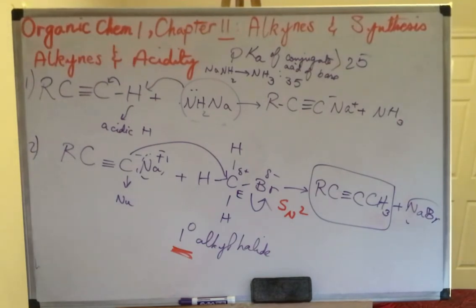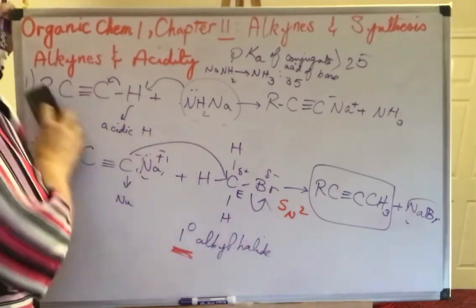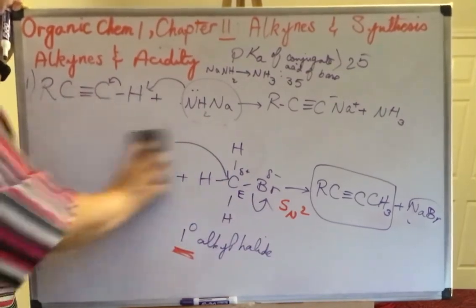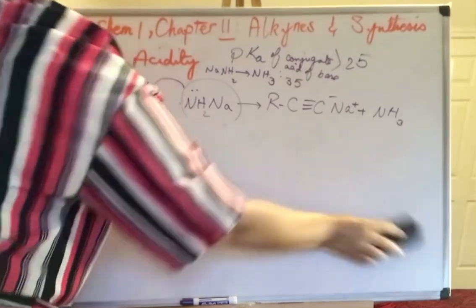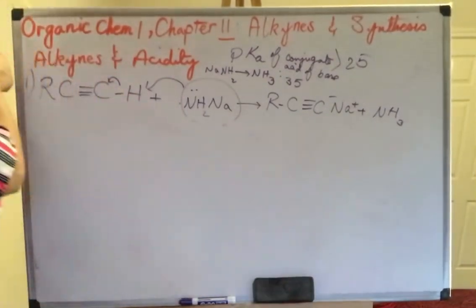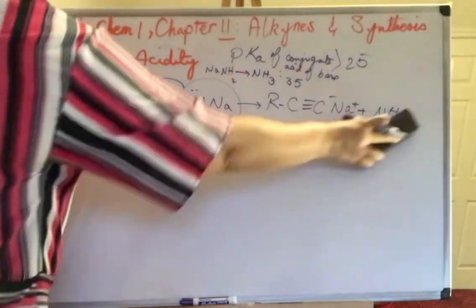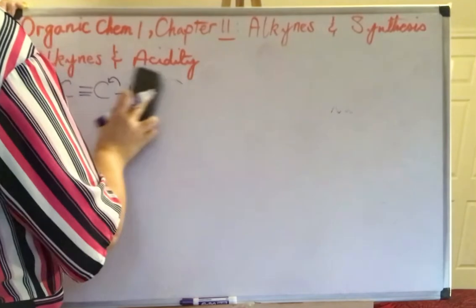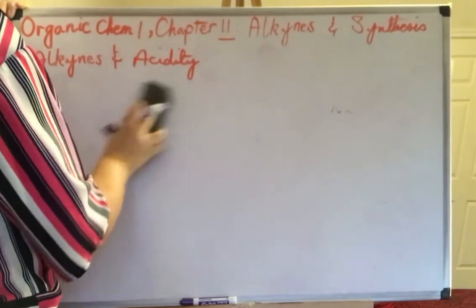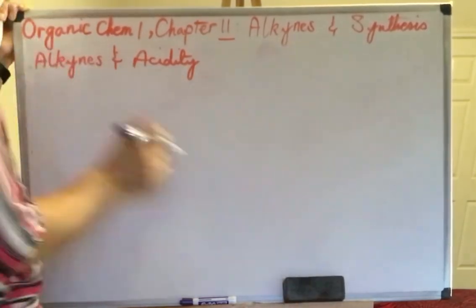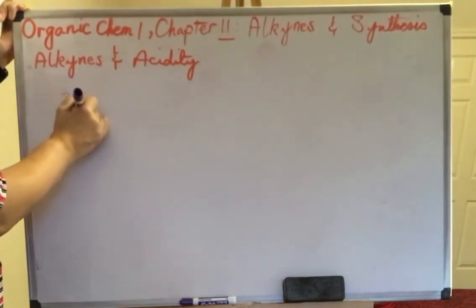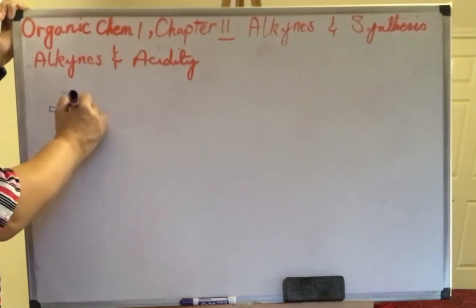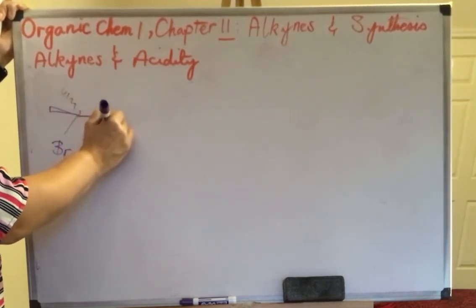But what if we do not use a primary alkyl halide? What's going to happen? Look what happens. Let's go with the same example as your book. This is your alkyl halide.